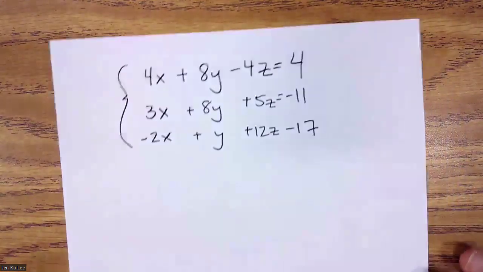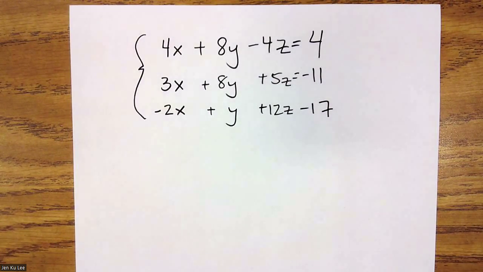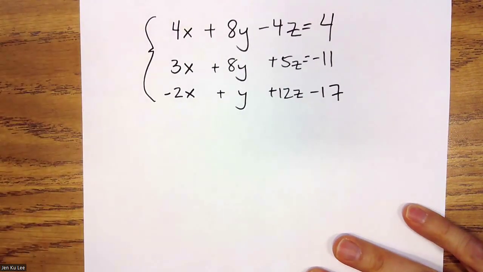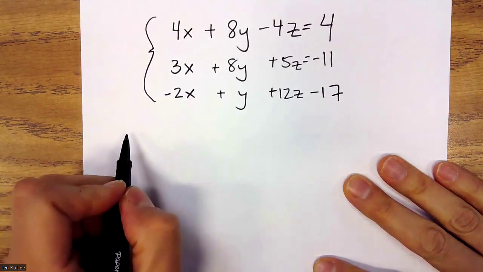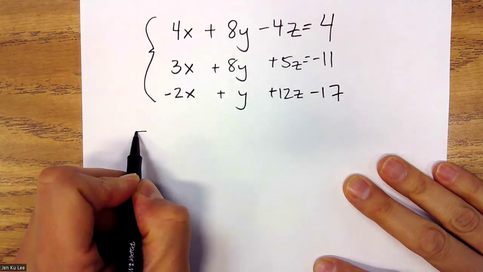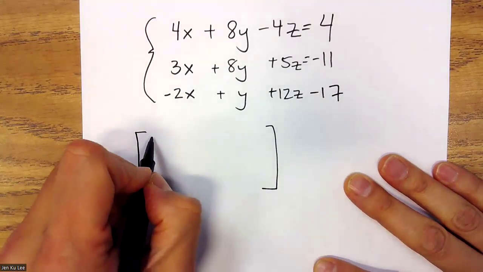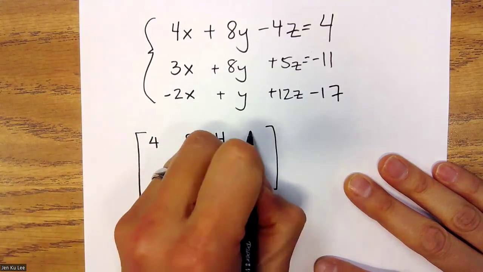So this is your example. This is your system of equations. If I put it in terms of a matrix, my matrix would end up looking like 4, 8, -4, and 4.